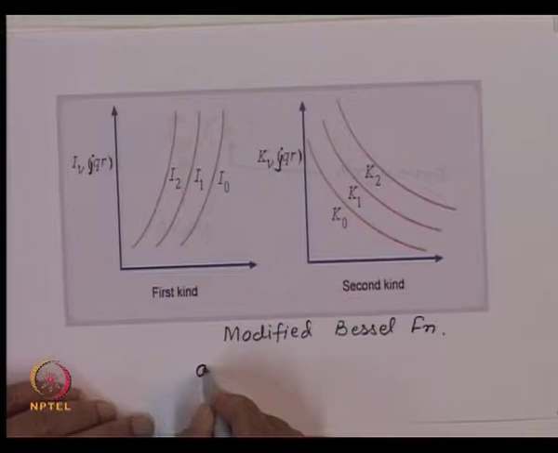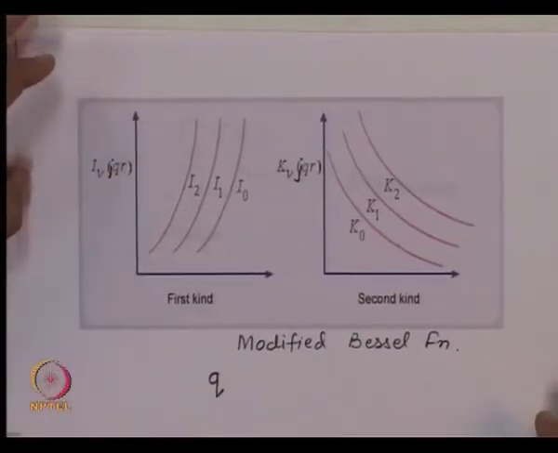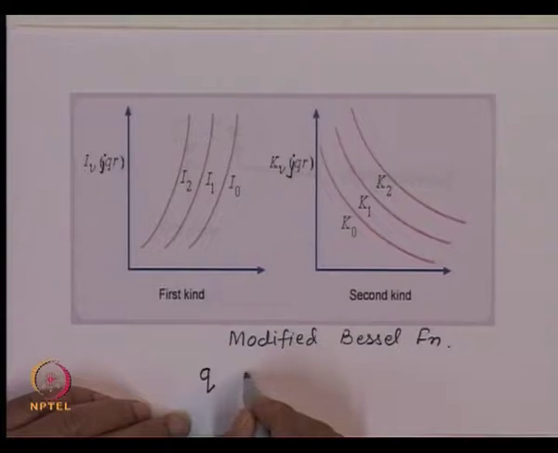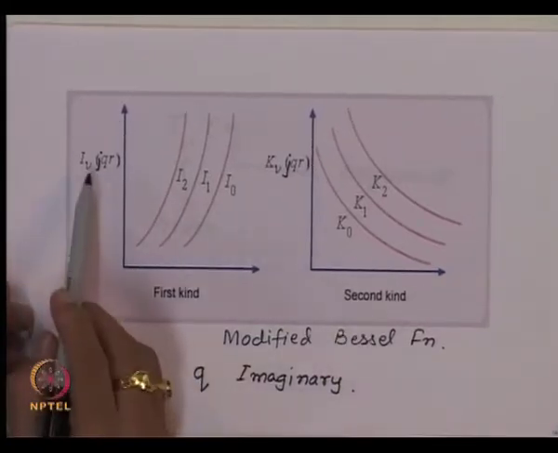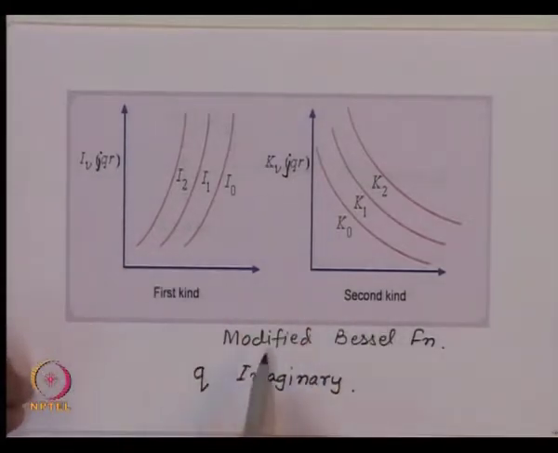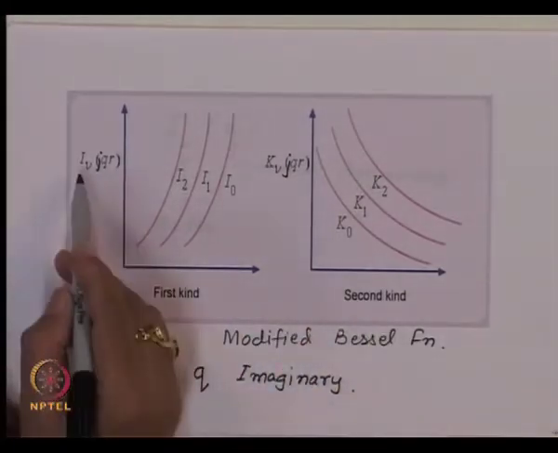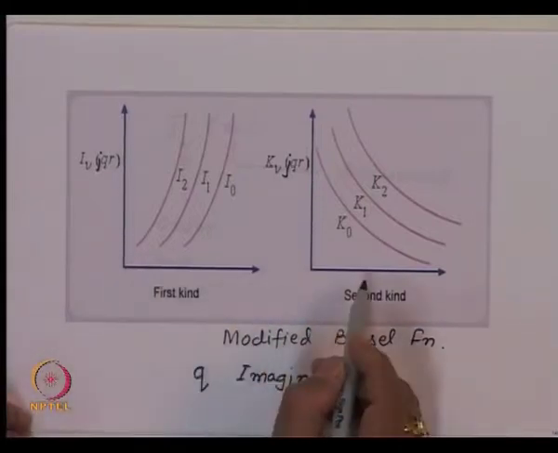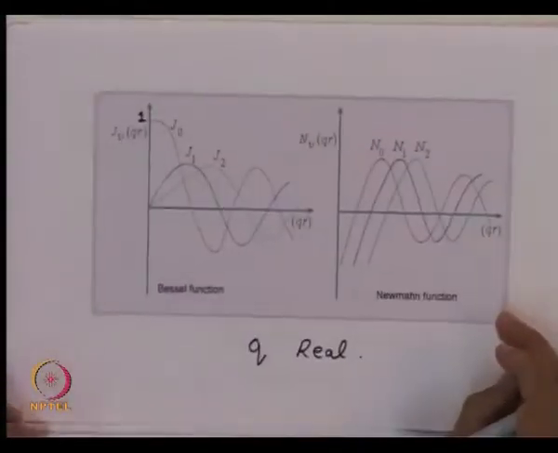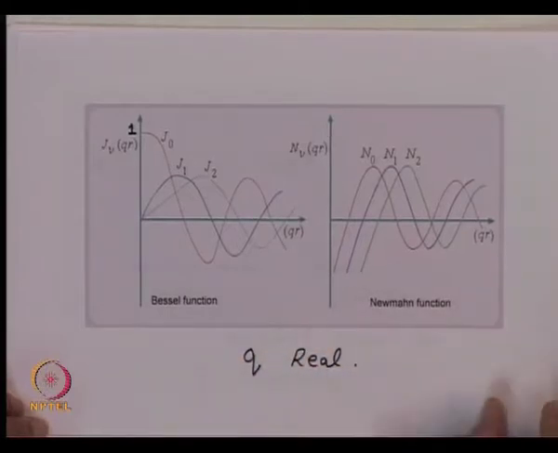So if q is imaginary, then we get a solution to the Bessel's equation, which are called the first and second kind of modified Bessel functions, and are denoted by I and k. If I look at this behavior now, in contrast to the behavior of the Bessel functions when q was real, there is a striking difference between the two.